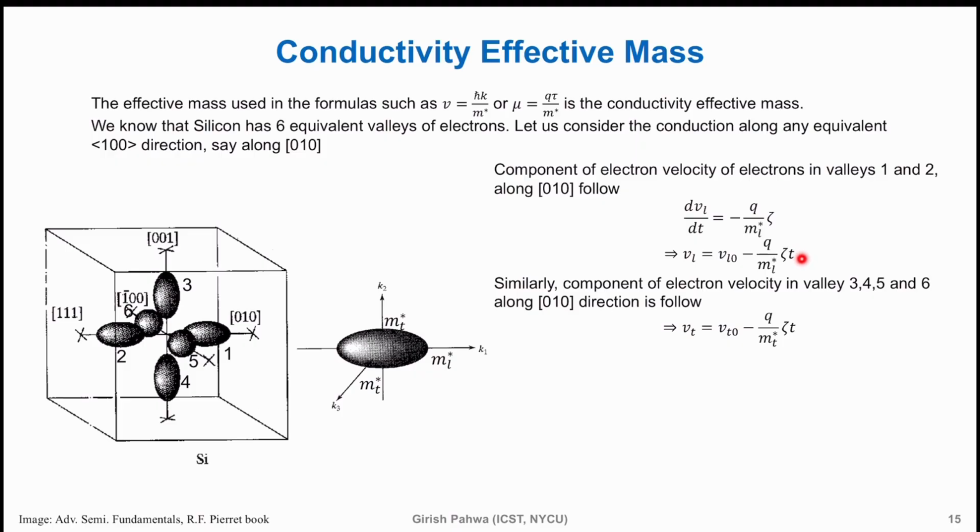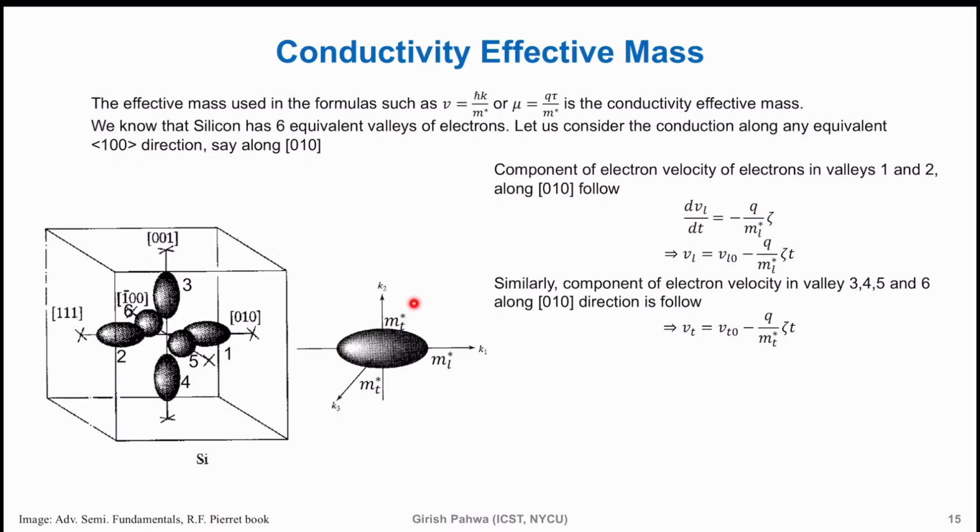Now what if I say I don't want to use two formulas, I don't want to count every valley, give me just one formula, q tau by m star times the electric field. I want to replace this with one velocity expression, q tau by m, where m is called the conductivity effective mass, times the electric field.